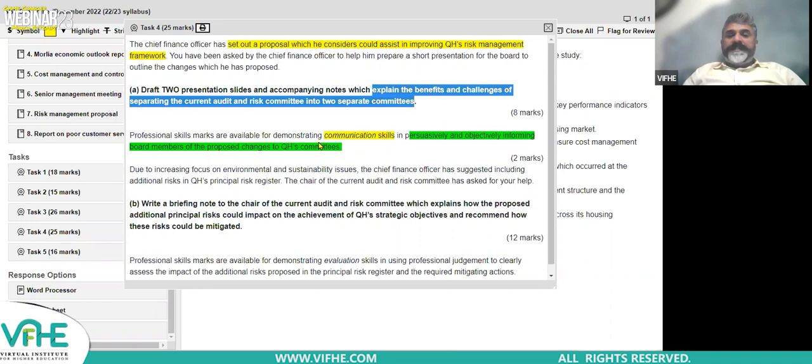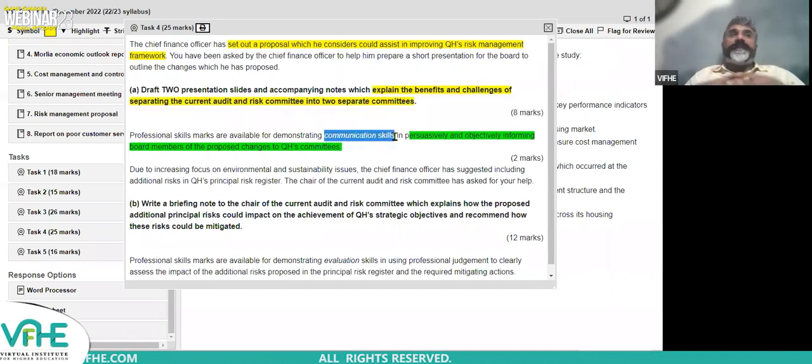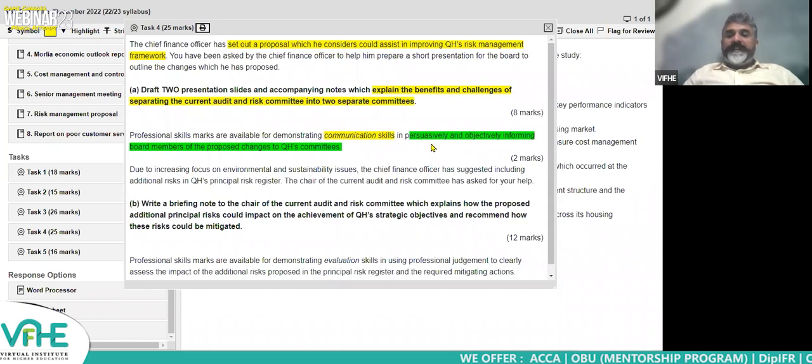And professional skills marks are available for communication skill. So communication skill is your format, your tone of the answer, who you are writing to. You should be able to clearly communicate your thoughts. Do read this guidance. It's very important to read the guidance.